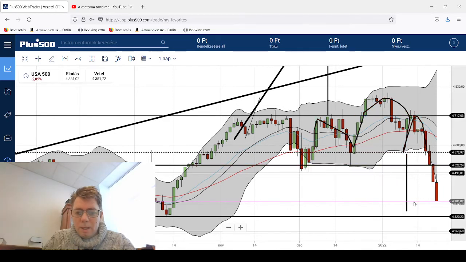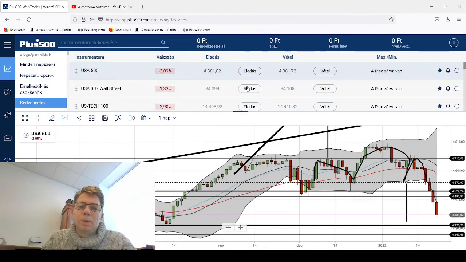It's down here, and in fact I think we could continue this downward trend to hit 4,320. Should we break down below there, then 4,263 is my next price target. So I'm watching this area. It is possible that we hit my price target and come down to this support area.